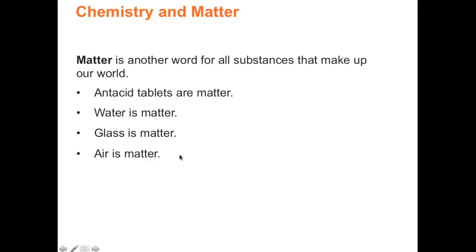The table that you use, the pen, the laptop, your cell phone, you are matter. So matter is anything that has mass and volume. There's a particle nature to matter, and those particles are atoms and molecules.